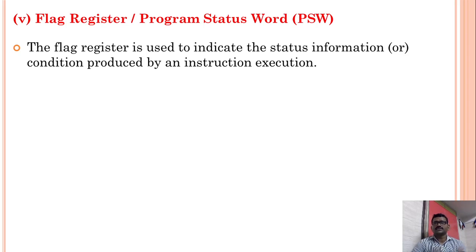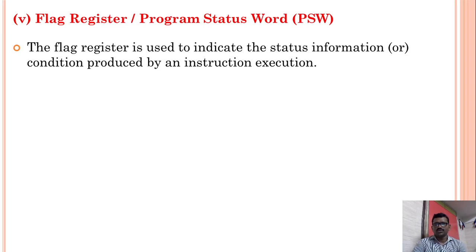The result may be 0, there may be an internal carry, the result may be positive or negative, there may be even parity or odd parity, or the result may exceed the specified range. All this information is stored in the flag register.